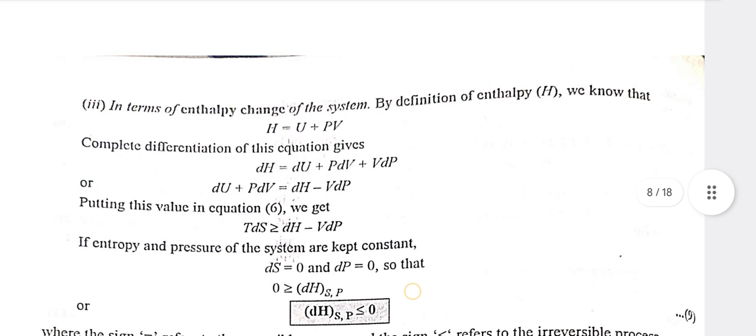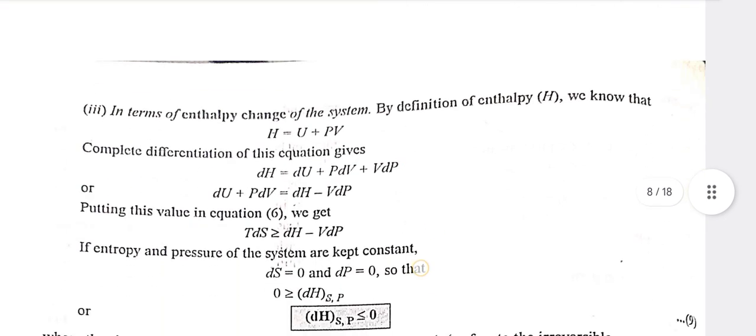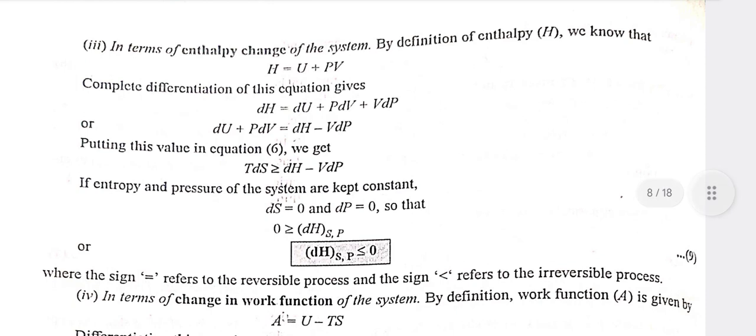In terms of enthalpy change of the system, by definition of enthalpy, H equals U plus PV. Differentiating, dH is equal to dU plus PdV plus VdP, so dU plus PdV equals dH minus VdP.